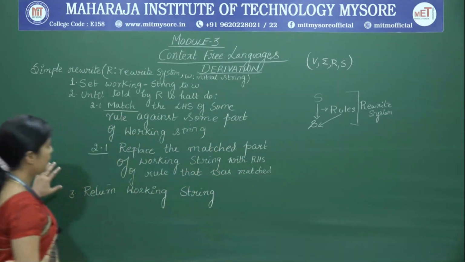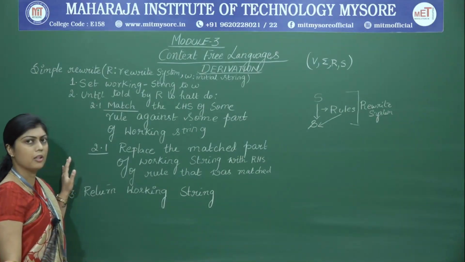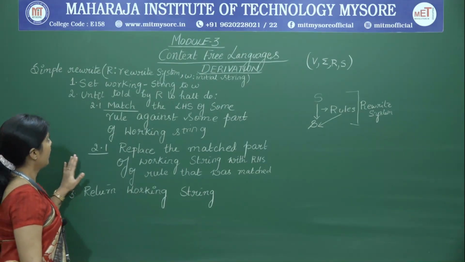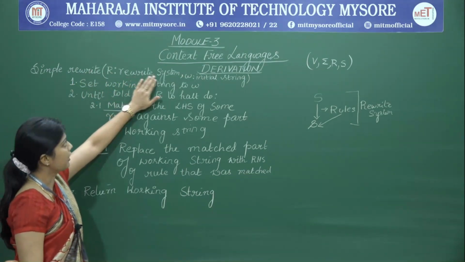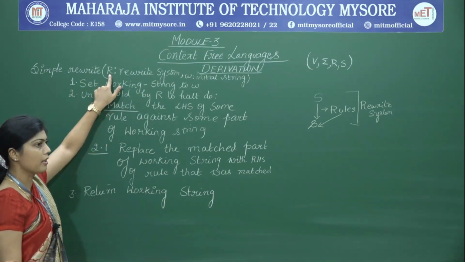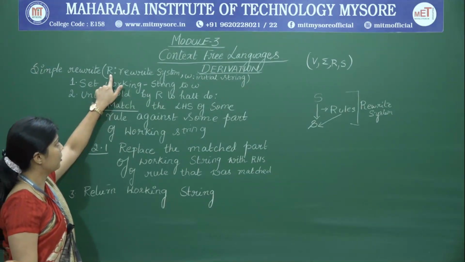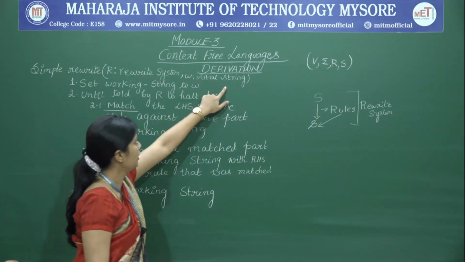We will see a simple algorithm which is given for the derivation, and that is simple rewrite. What are we going to give to the rewrite system? We give R, the set of rules, and W, the initial string.